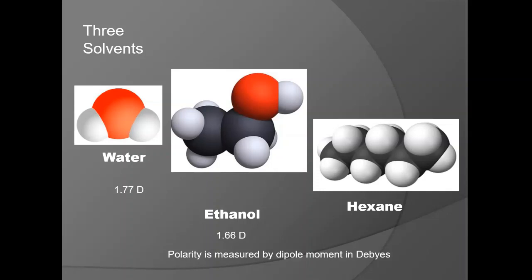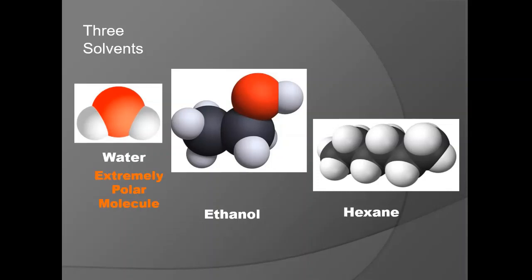Hexane, on the other hand, has no polar bonds, so it doesn't matter whether it's symmetrical or not. It is a nonpolar molecule because it has no polar bonds. And it has no dipole moment because it is completely non-polar. So summing things up, we have an extremely polar water molecule, so we have a very polar solvent.